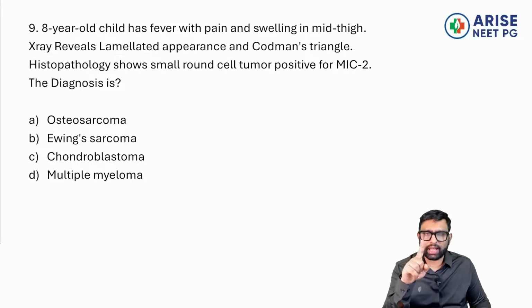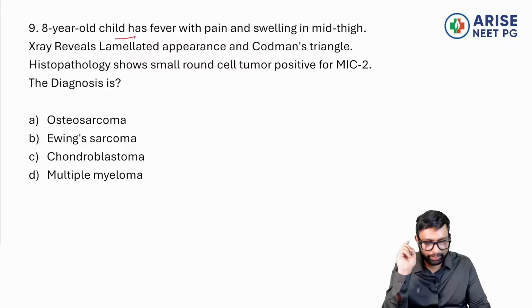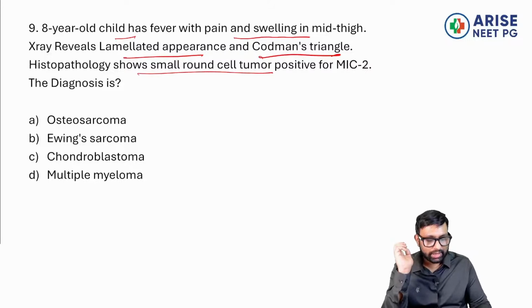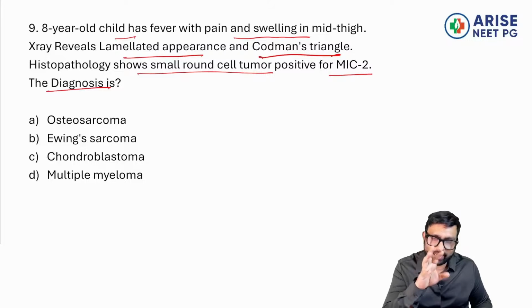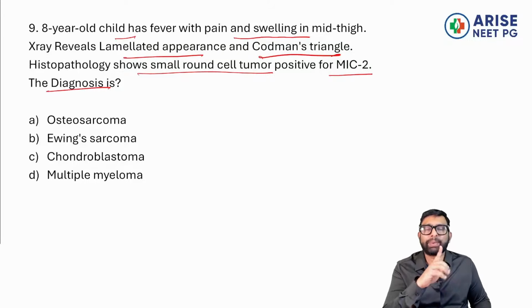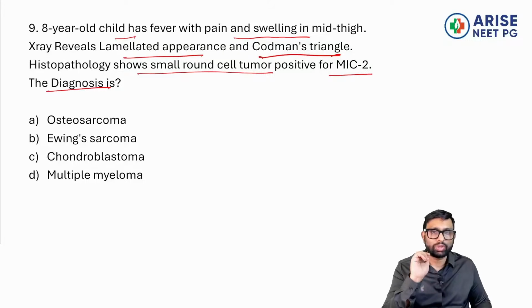So let's answer another question on tumors. Here they've given you that an 8-year-old child presents with pain and swelling in the mid thigh. X-ray shows a lamellated appearance and a Codman's triangle. Histology shows small round tumor cells which are positive for MIC2. What is the diagnosis? Do not get confused here by Codman's triangle. Again, aggressive Ewing sarcoma can present with a Codman's triangle.